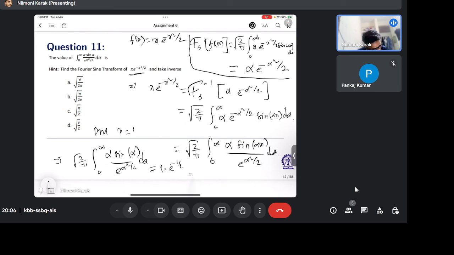So basically this is the value, I am writing here: root pi by 2 times e to the power minus half. So e to the power minus half you can write like this. Okay, so option B is correct.